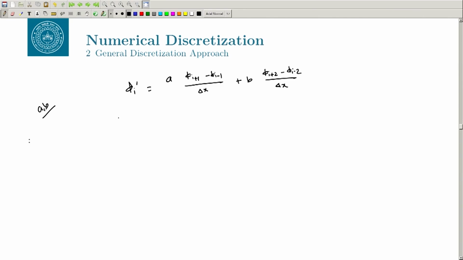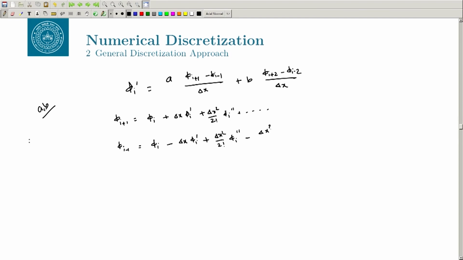So, how do you do that? You can use phi I plus 1 is equal to phi I plus delta x phi I prime plus delta x square by factorial 2 phi I double prime and so on and so forth. Phi I minus 1 is equal to phi I minus delta x phi I prime plus delta x square by factorial 2 phi I double prime.